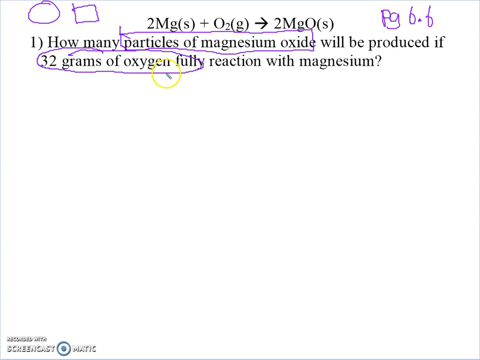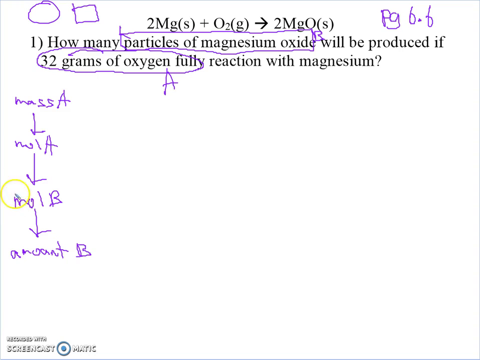Grams of oxygen, oxygen's going to be our A, magnesium oxide will be our B. So we're starting at mass of A, we're going to amount of B. To get there, we go to mole A, then to mole B. Okay, so we start with 32 grams of O2. Go ahead and pause and finish that conversion.